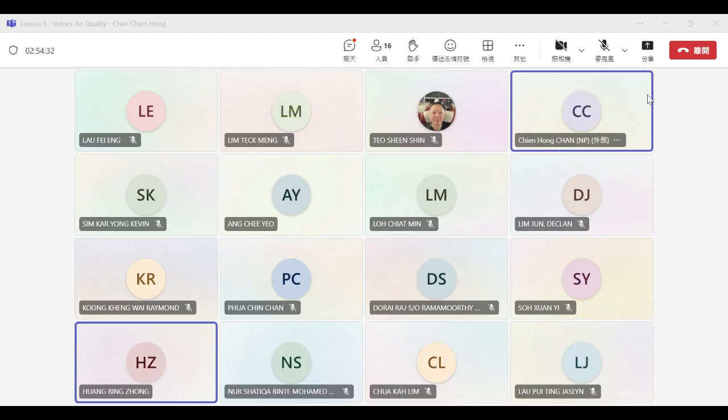So before you go, let me show the QR code.